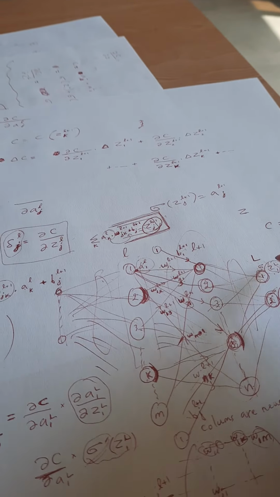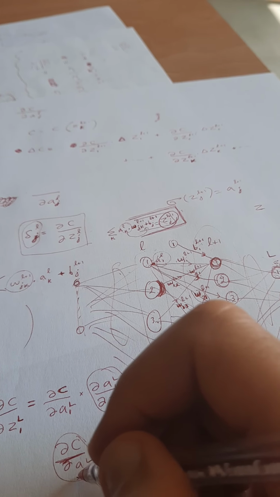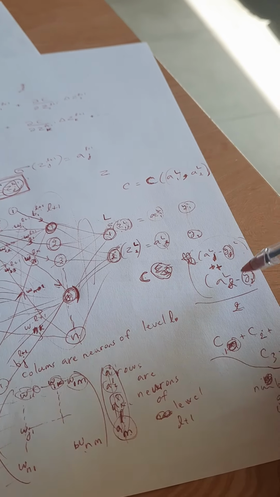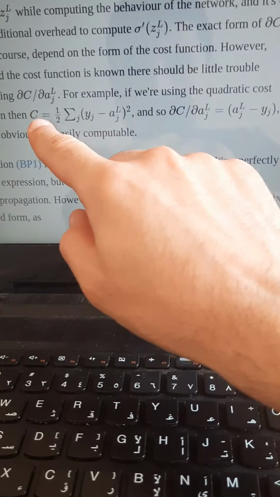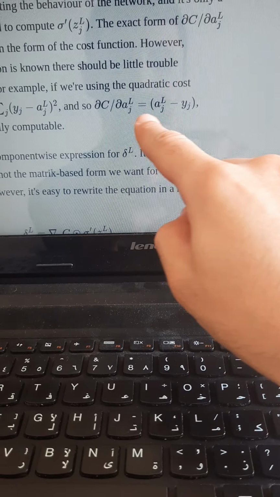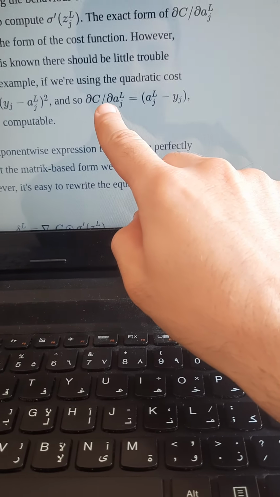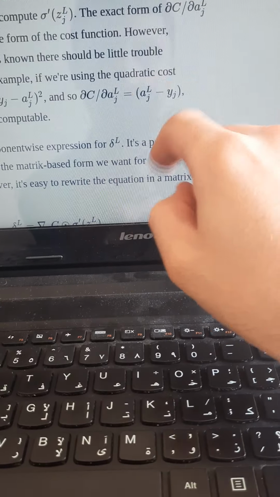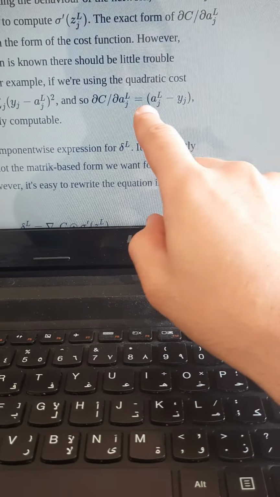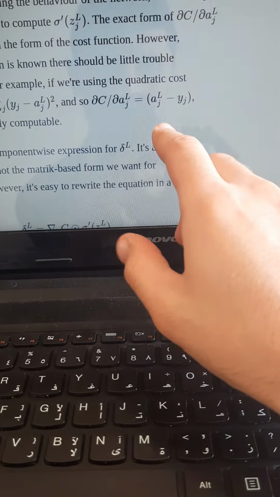The other factor is computed by knowing the expression of the cost function. From the expression, we know the partial derivative of c over a1L, for example. It's really intuitive and meaningful.